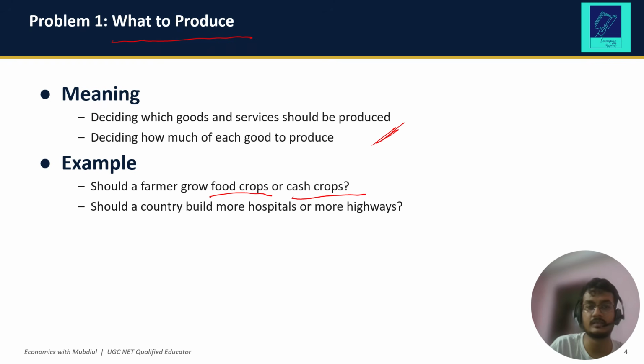Now you might say, why does he not grow both? He certainly could divide the land, but even then, another question appears. How much land should be allocated to each crop? 5 acres to rice and 5 acres to the other crop, 7 and 3, 8 and 2. Again, choice.